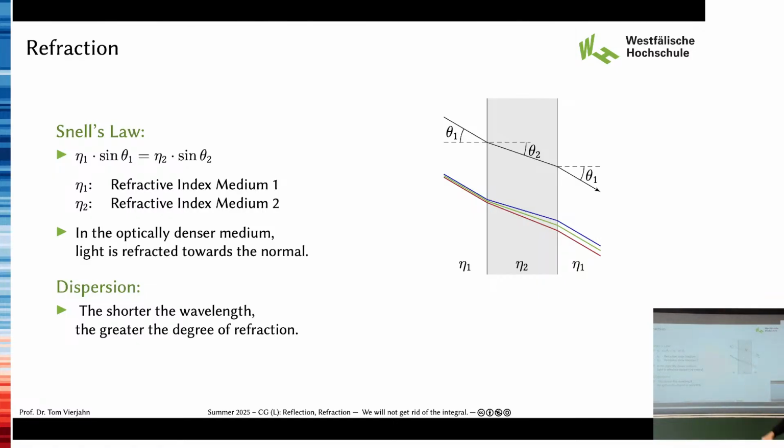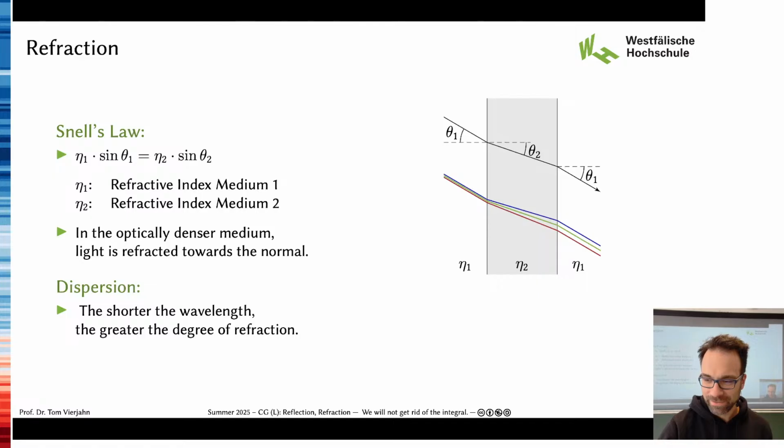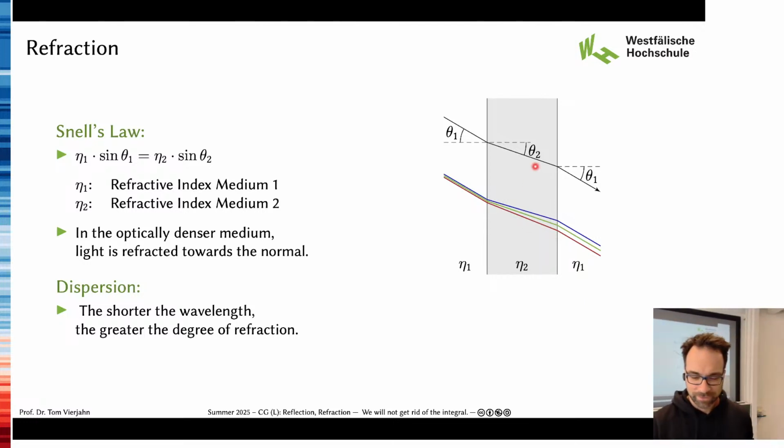Does this create a rainbow? Is this dispersion effect the reason for rainbows to appear? Well, certainly yes, but is this the sketch you want to look at for rainbows to appear?